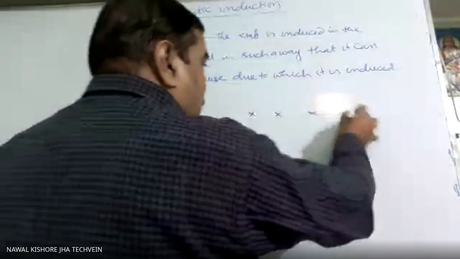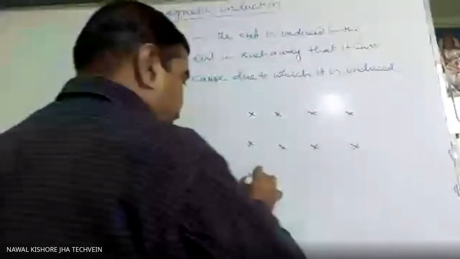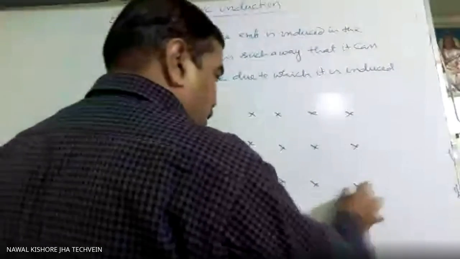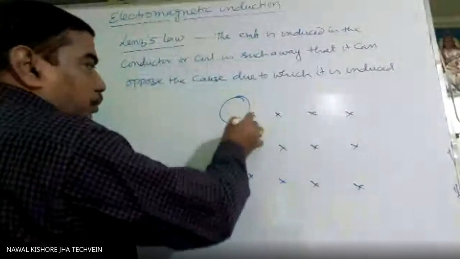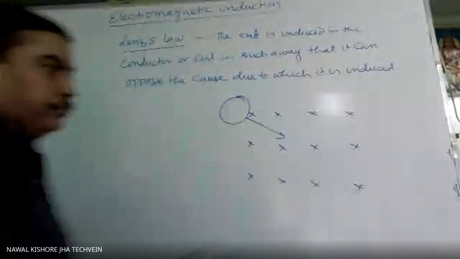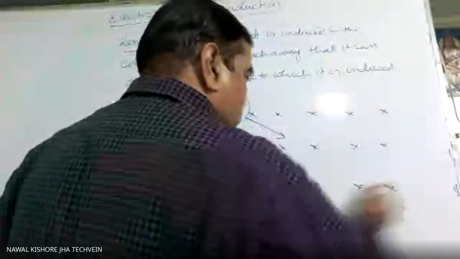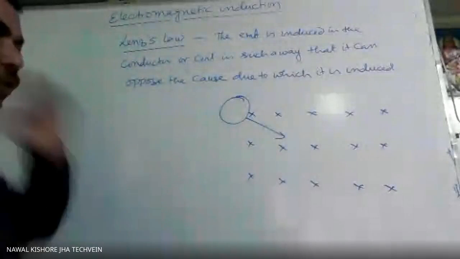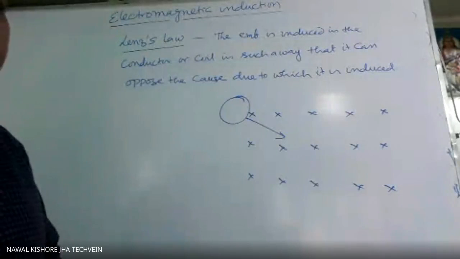Now take another example. Suppose this is the uniform magnetic field. We are moving this closed loop through this magnetic field. What will you observe when this loop is going to enter into the magnetic field?